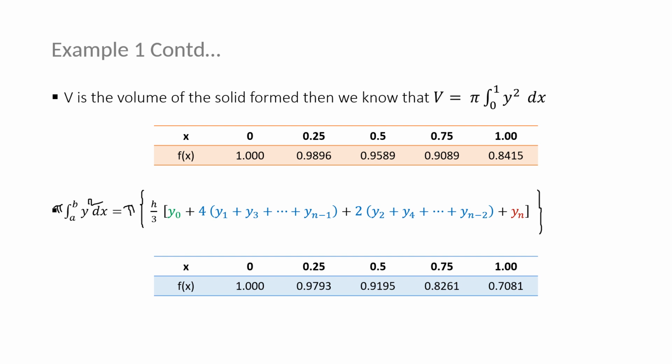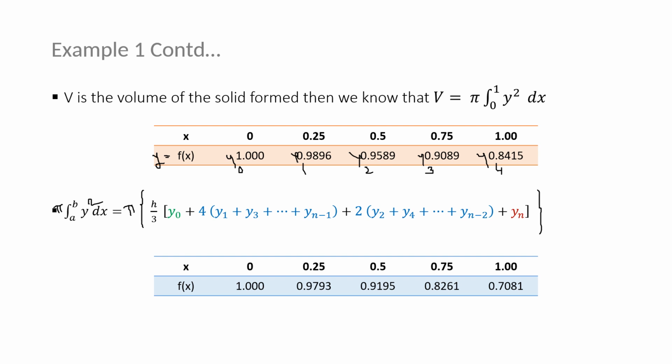So you know that the first row in that table represents values of x, and the second row in the table represents values of y. So for example, this is y0, this is y1, y2, y3 and y4. As y is equal to f of x, we don't need y's, we need the square of those values.